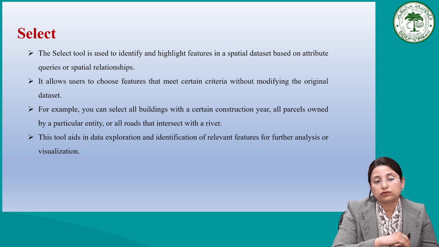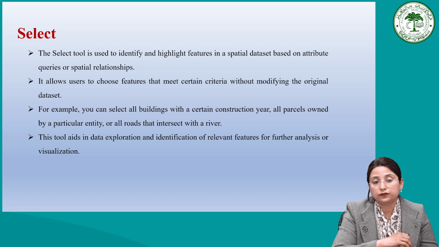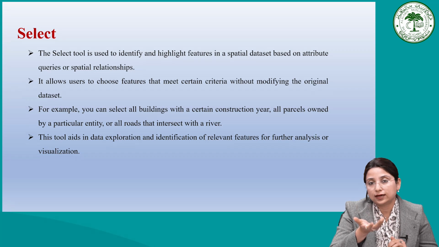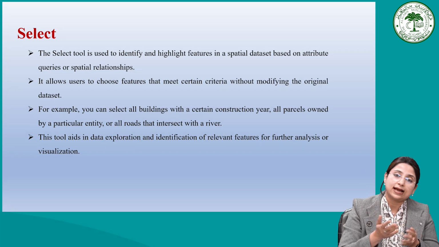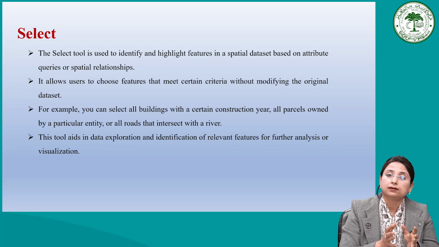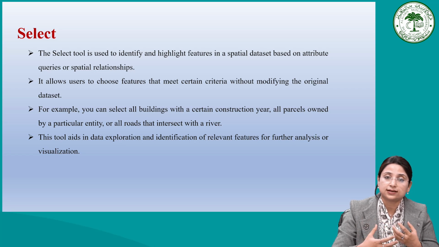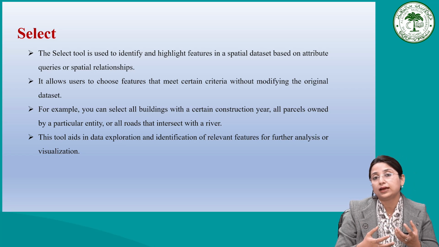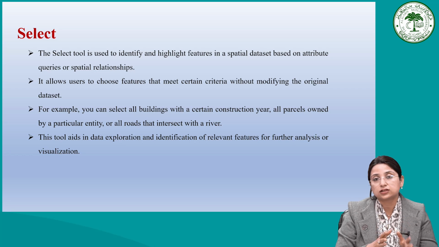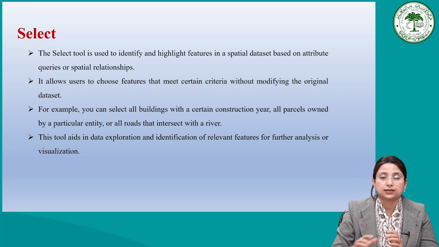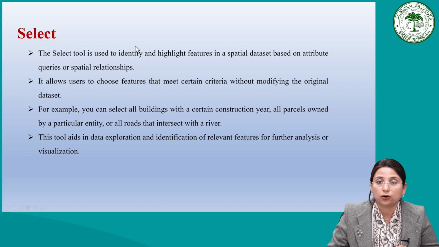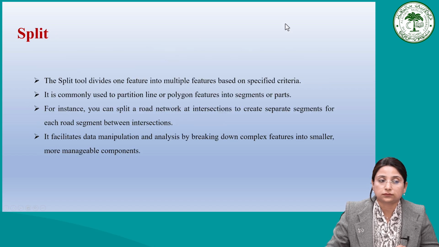This tool generally aids in data exploration and in identification of relevant features for further analysis. It creates such subsets, or makes the data sets ready for further analysis. Thus, it is also one of the very important extract tools.